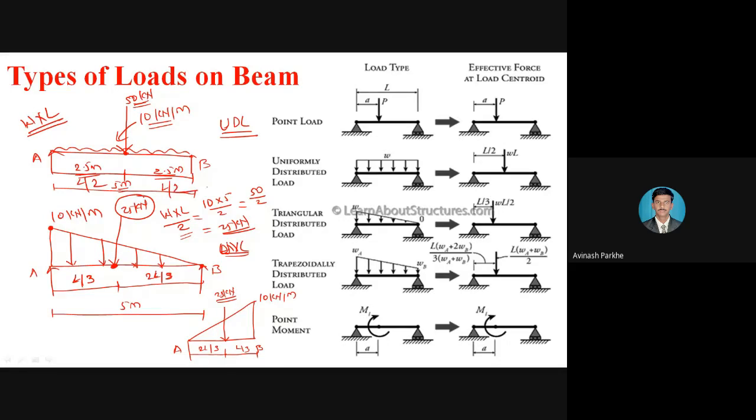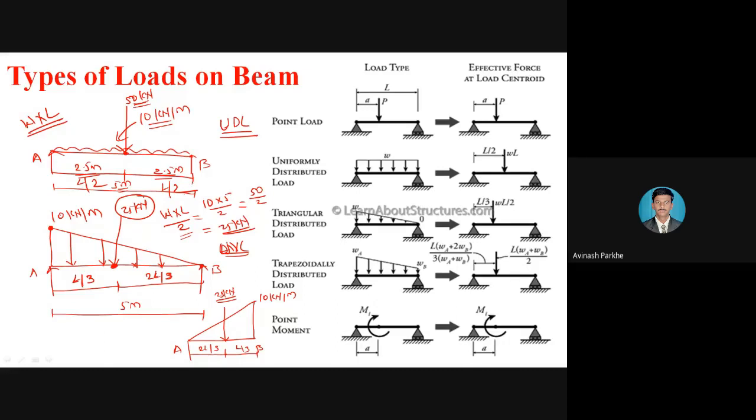So please keep in mind, when the UDL is converted into a point load, it acts at the center point of the length over which the UDL is spread. In this figure it is spread over the whole length of the beam, so 2.5 meters and 2.5 meters, exactly at the center.